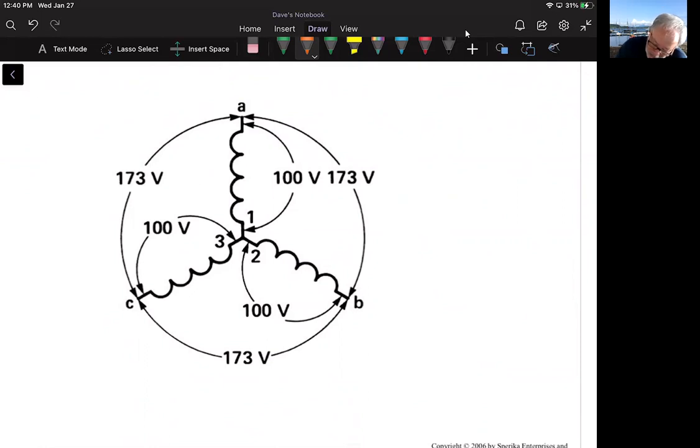Here's an example in 8.14 that says, here's the line to neutral voltage, and I'm given that line to neutral is equal to 100 volts.